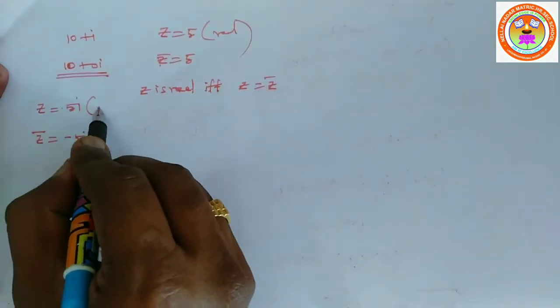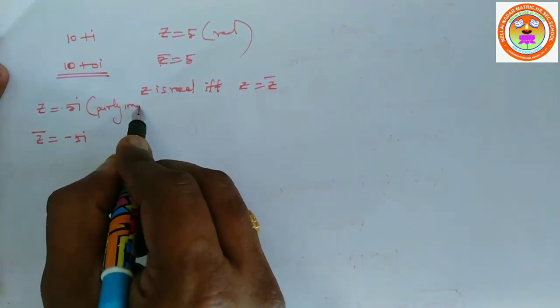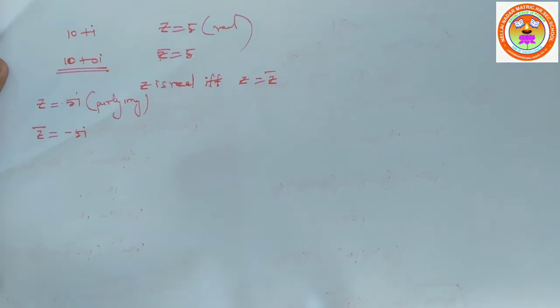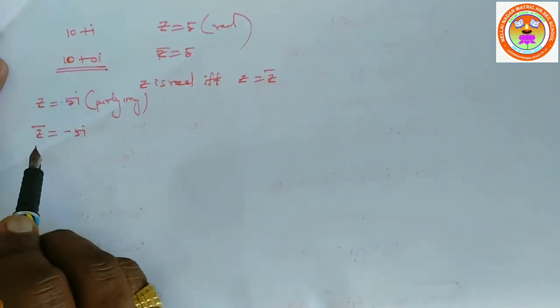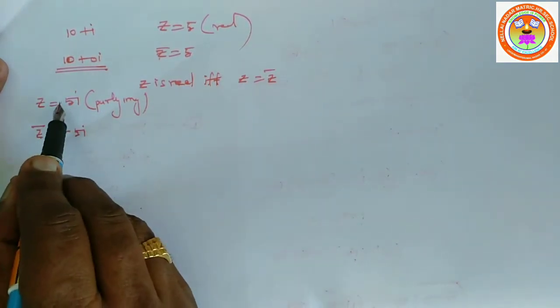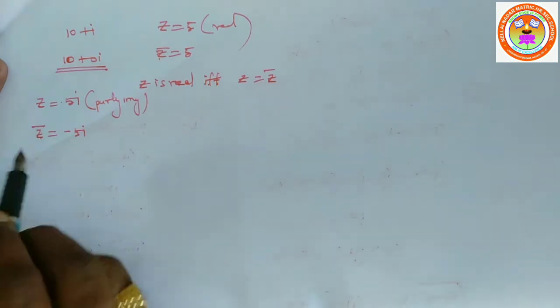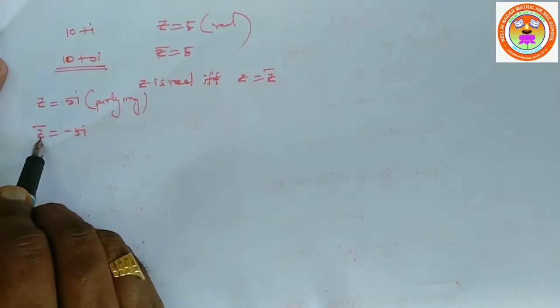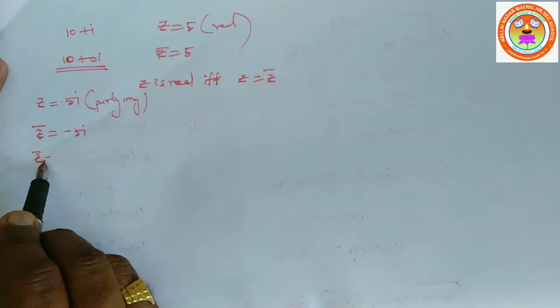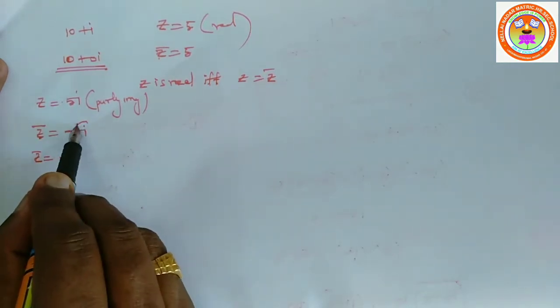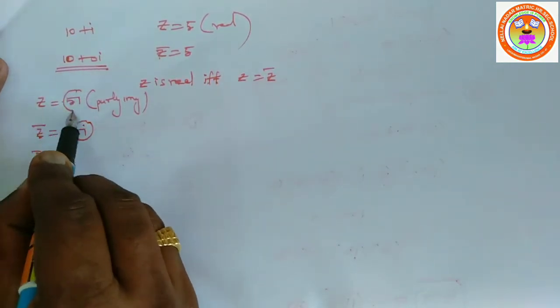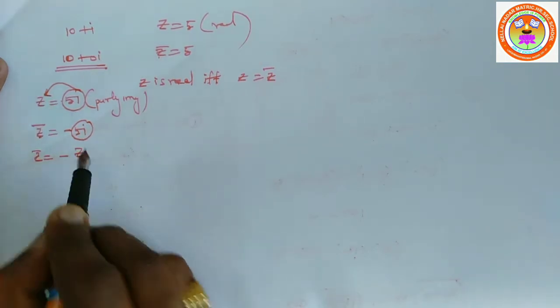Now I take a purely imaginary number. Z is equal to 5i. What is Z bar? The plus sign converts to minus, so Z bar is minus 5i. What is 5i? 5i is nothing but Z. So what you found?